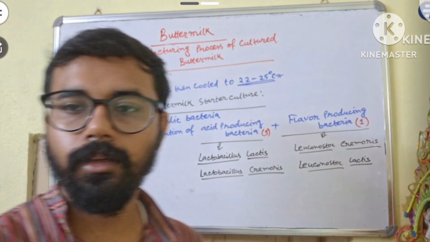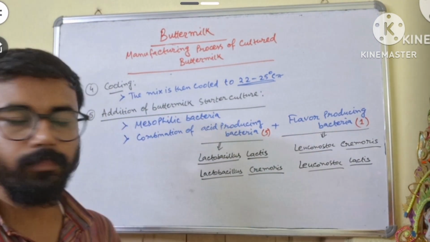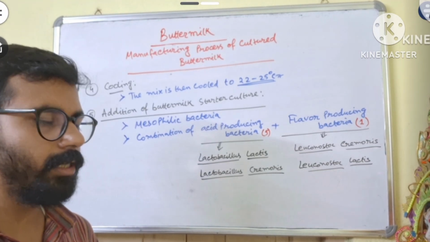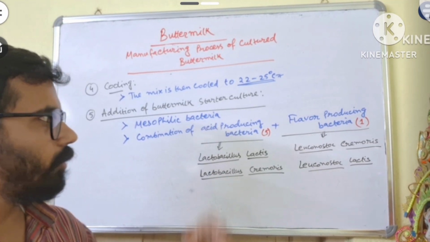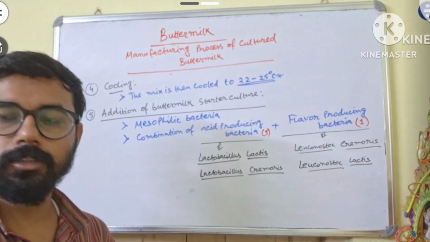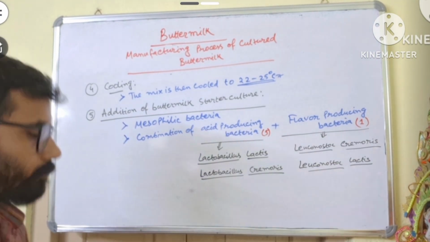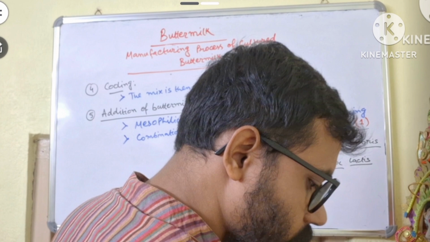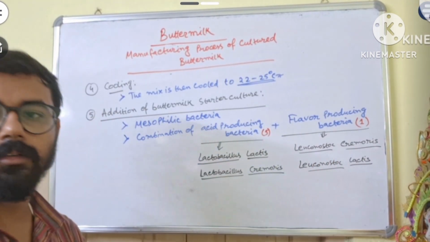Any one from the list of two. Lactobacillus lactis, Lactobacillus cremoris, Leuconostoc for the flavor producing bacteria segment, Leuconostoc cremoris or Leuconostoc lactis, and added in the 5 is to 1 ratio.